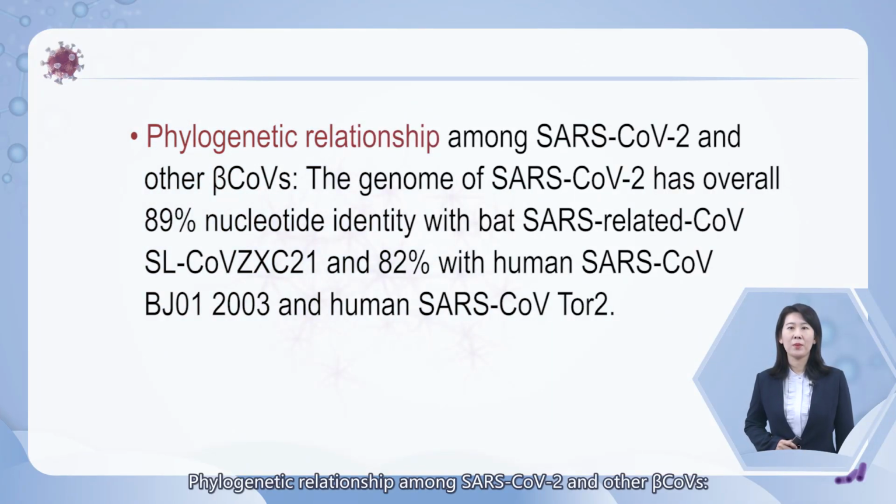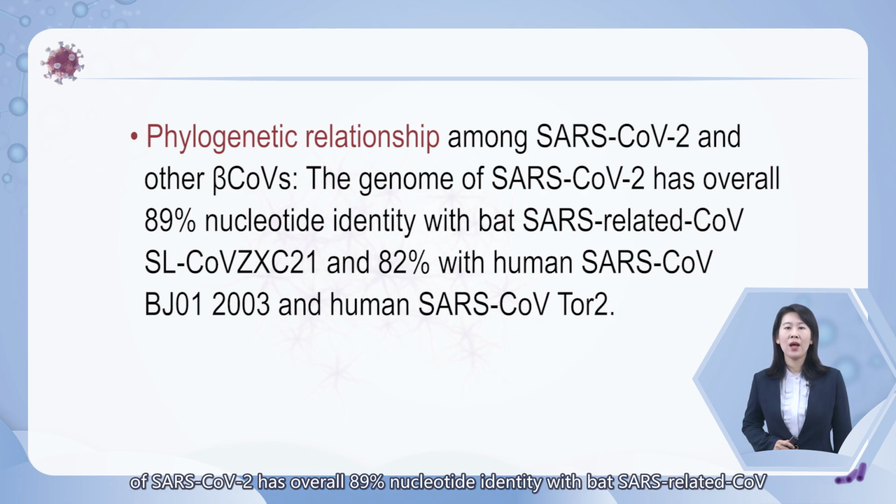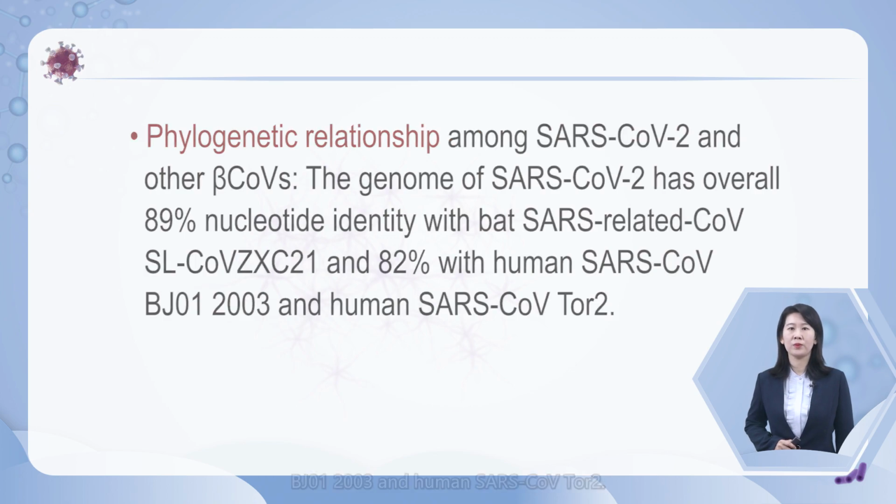Phylogenetic relationship among SARS coronavirus 2 and other beta coronaviruses. The genome of SARS coronavirus 2 has overall 89% nucleotide identity with bat SARS-related coronavirus, SL-CoV-ZXC21, and 82% with human SARS coronavirus, BJ01 2003, and human SARS coronavirus Tor2.